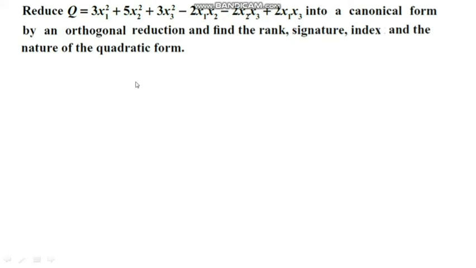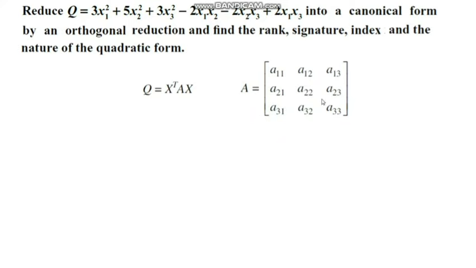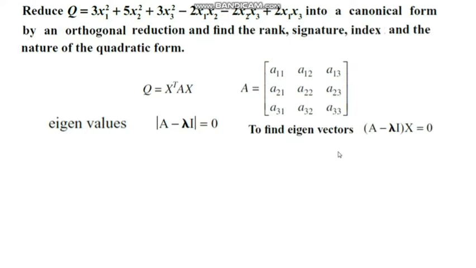Before I move on to this, I just want to tell you the working rule for the reduction. First, we write the given quadratic form as X transpose AX. From this, we write the matrix of the quadratic form, find the eigenvalues of the matrix A, and also find the eigenvectors of this matrix corresponding to the eigenvalues.